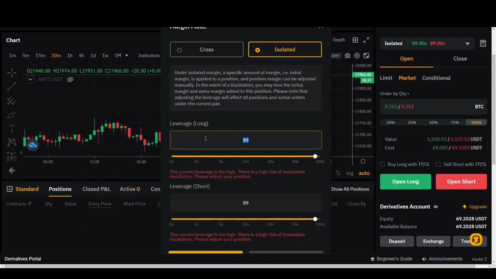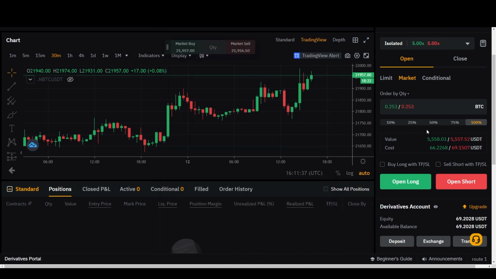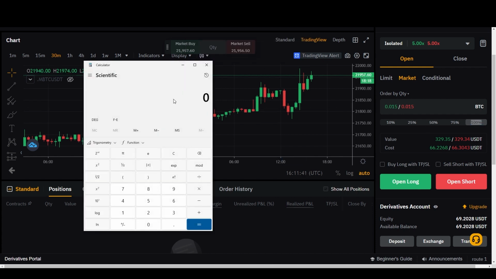If I do 5, $329.35 divided by 66.2268, it's close to 5. So it's like I'm not sure where it's... Why is it not just the thing?